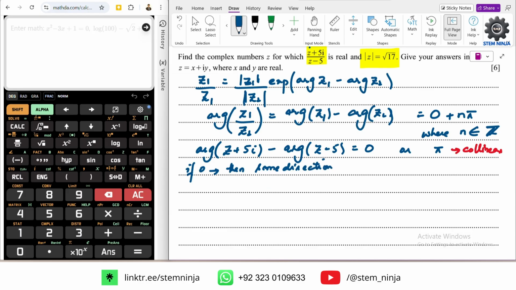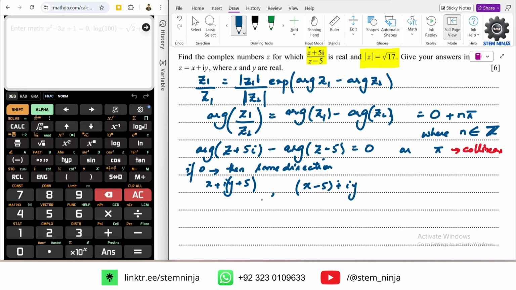So if this is the case, if we include z plus 5i, that would mean you have x plus iy plus 5i. Actually, we can lump it all in one, right? And this one is x minus 5 plus iy.